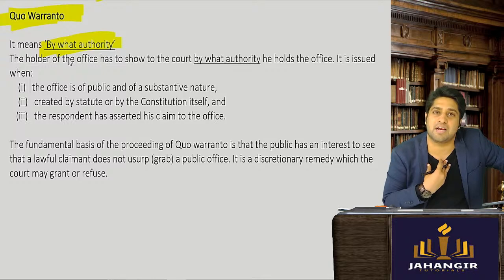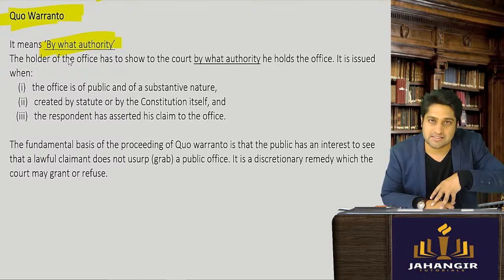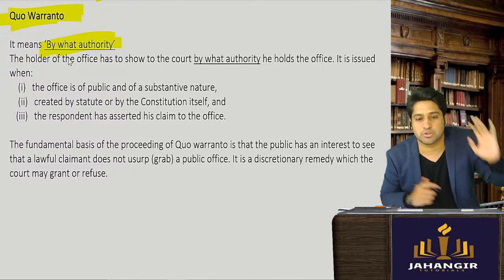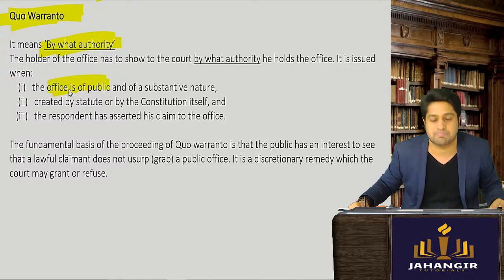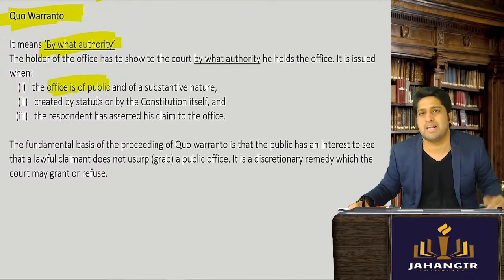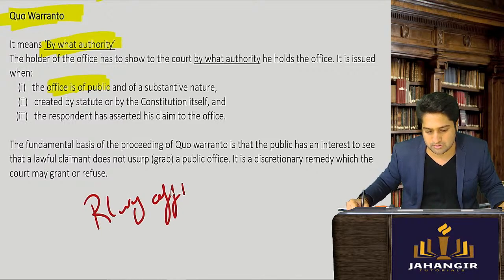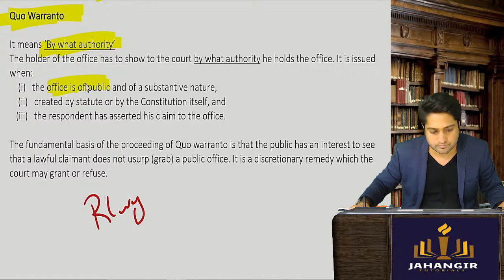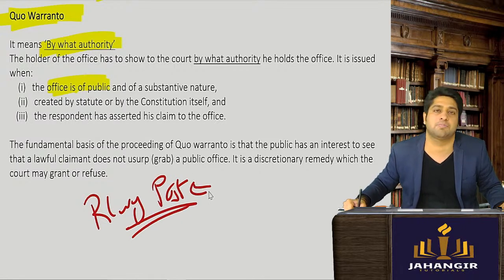So my fundamental right is being violated. So first there must be a government office, some public office, public post. Let's say there is a railway post. And what happened? The politician put his own family members in this post.